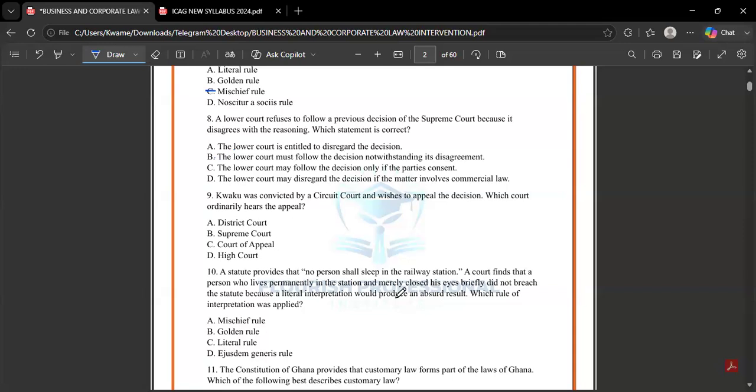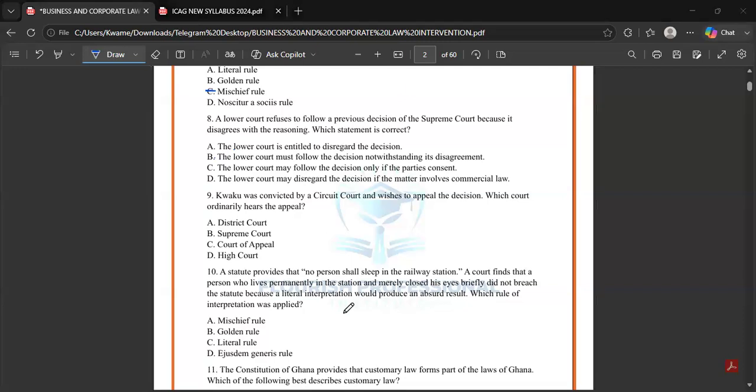C. The lower court may follow the decision only if the parties consent. And D, the lower court may disregard the decision if the matter involves commercial law. It's tough. But I'll go for B. The lower court must follow the decision notwithstanding its disagreement.